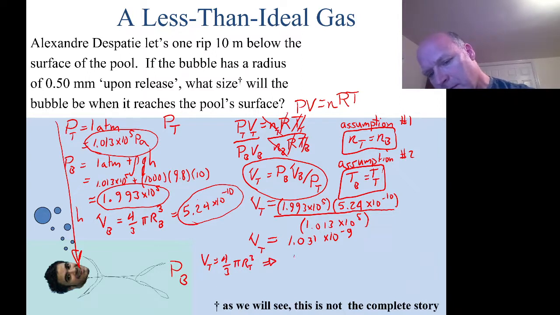What I like to do is say r top cubed is equal to 3 VT over 4 pi. That makes sense? Then I take the cube root, and I plug everything in.